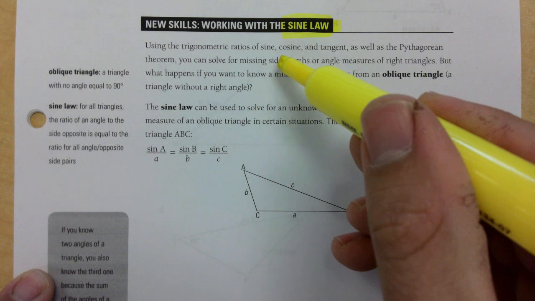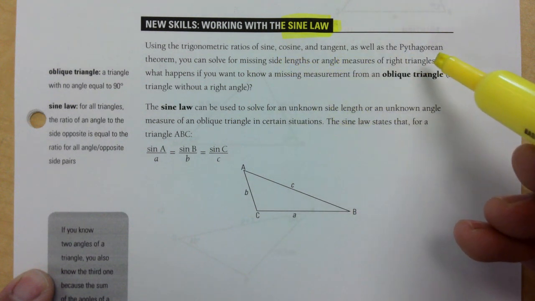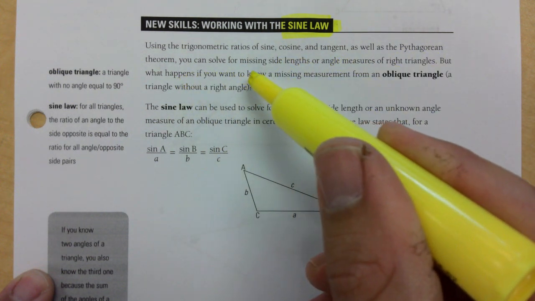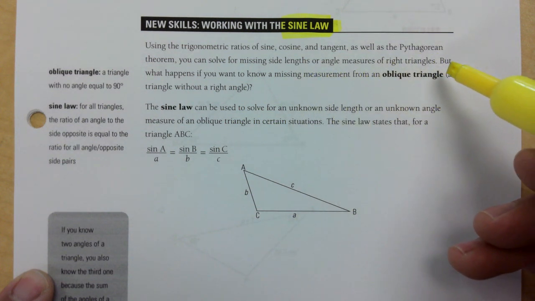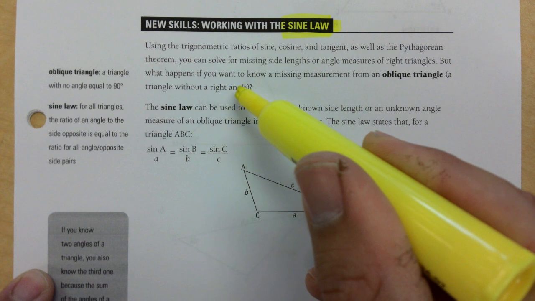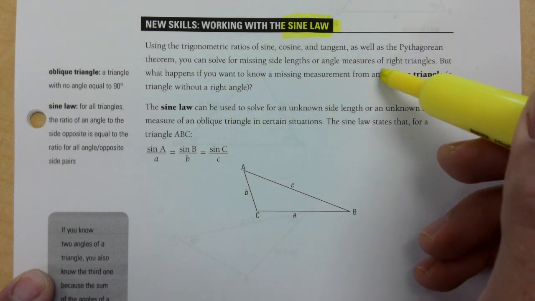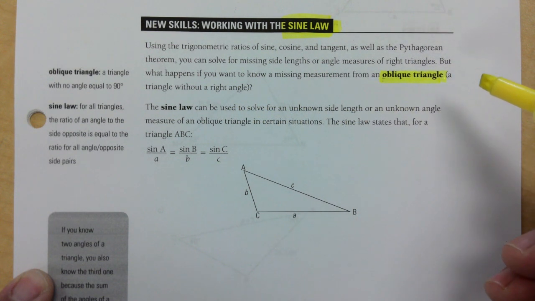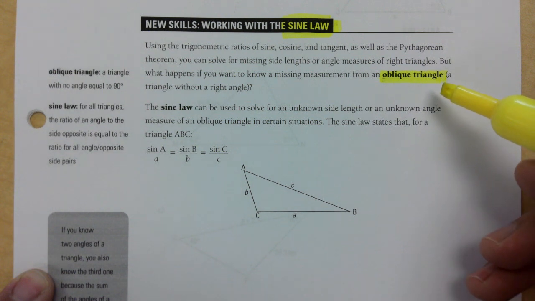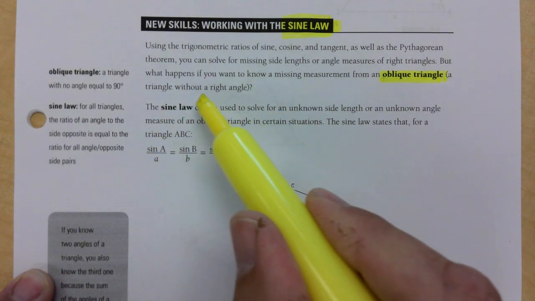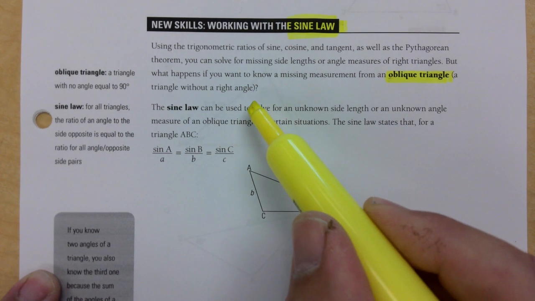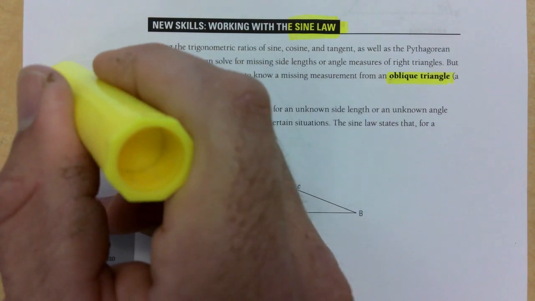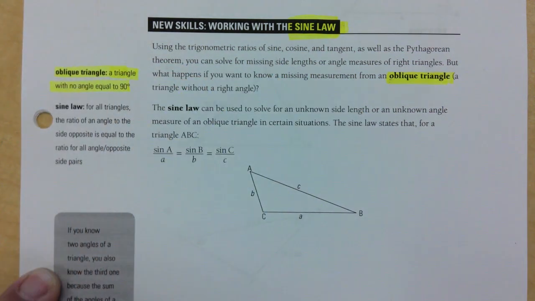Trig ratios such as sine, cosine, tangent, as well as the Pythagorean theorem can solve for the missing side lengths or angles of right triangles, right? But what happens if you want to know the missing measurements of an oblique triangle? An oblique triangle is a triangle without a right angle. So anything that isn't a right triangle is called an oblique. So you can highlight the oblique part here if you want.